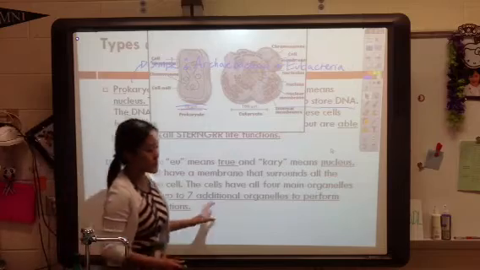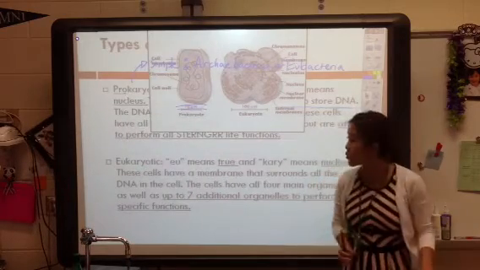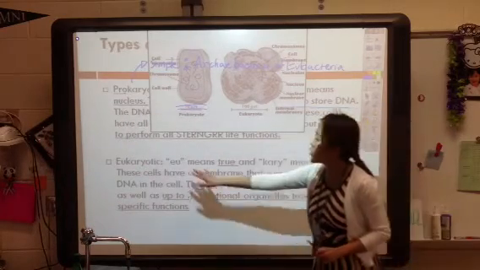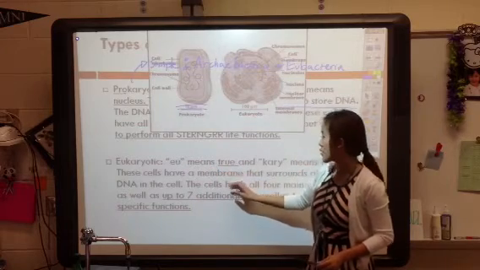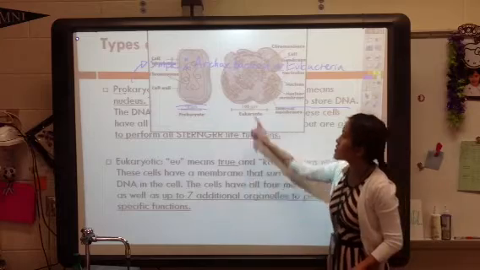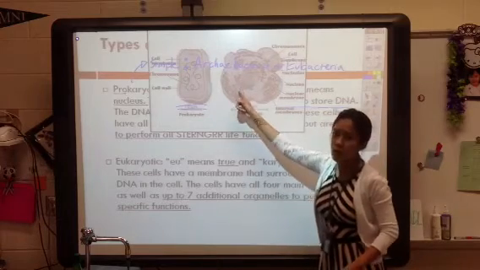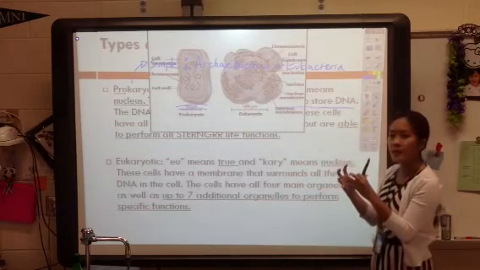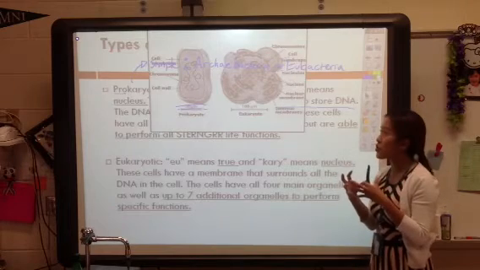Now the last type of cell we have are the eukaryotic cells. Eu means true, okay? And kary again means nucleus. So these are the cells that have a true nucleus or a true central place where their DNA is stored.